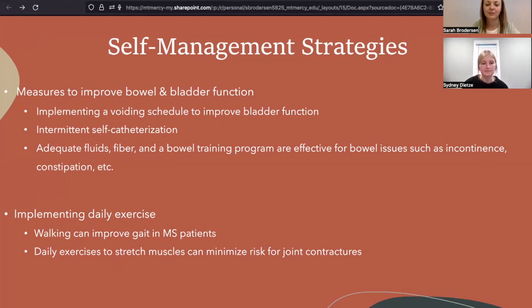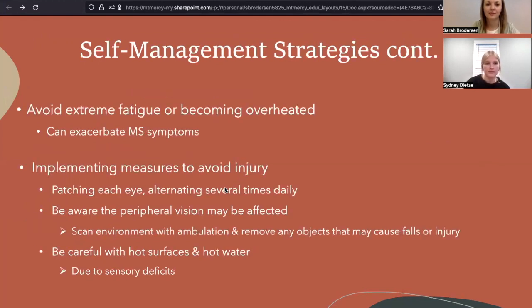And then daily exercises to stretch muscles can minimize the risk for joint contractures. And then also, again, just avoiding the extreme fatigue or becoming overheated, because this can exacerbate MS symptoms. So, like I said before, just ensuring that they're getting appropriate rest periods in between activity.